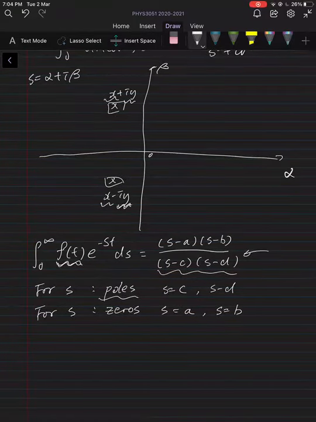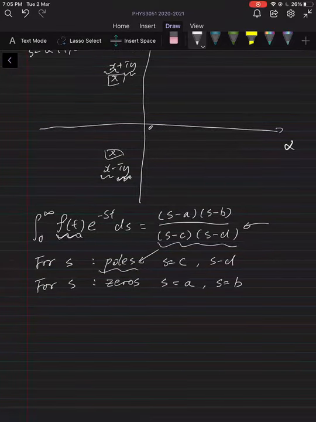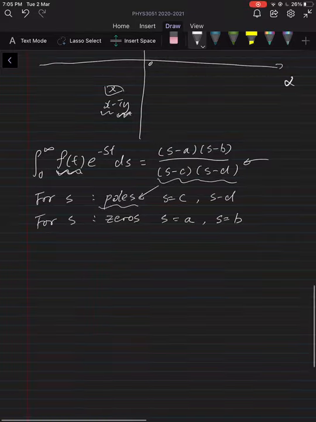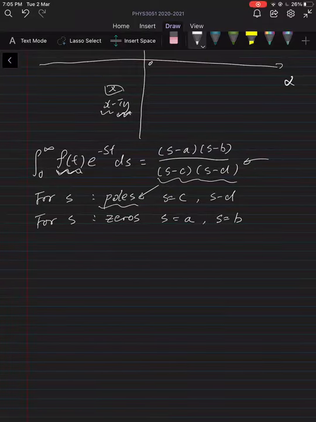So understanding the behavior of the poles is important. Suppose you have some dynamical system that is governed by, for example, these differential equations, something like this, very complicated.